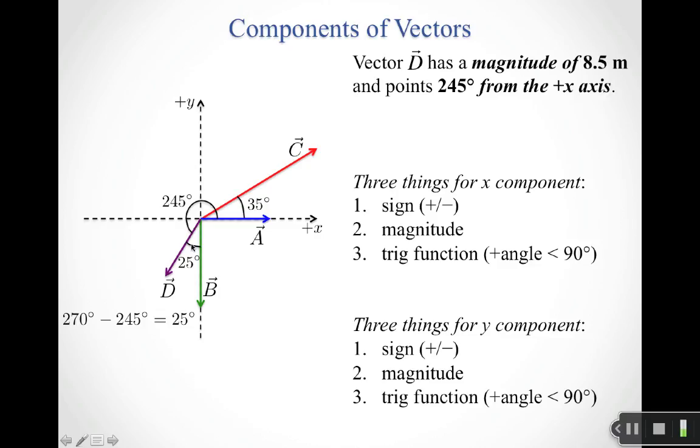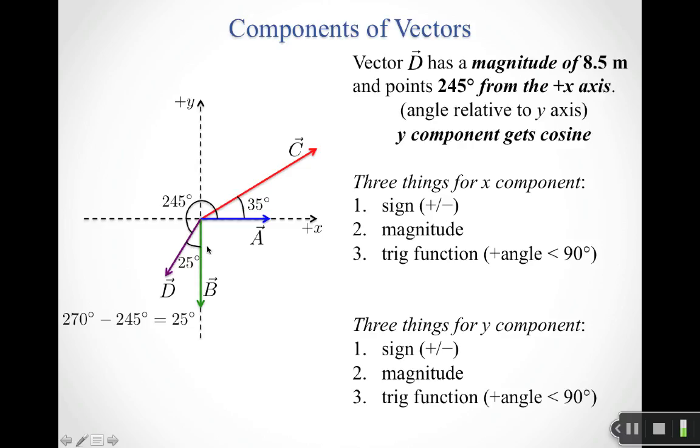This still gives me an angle less than 90 degrees, but now this angle is defined relative to the y-axis. So in this case, the y component is the one that will get the cosine, because this is the adjacent side.